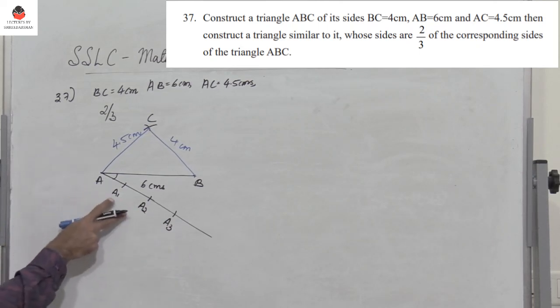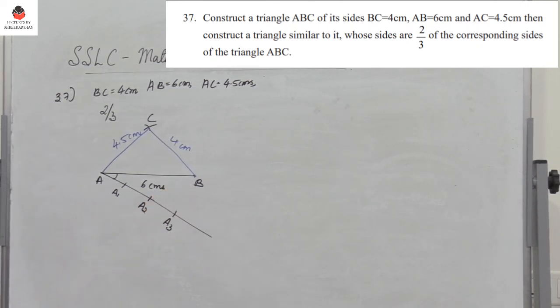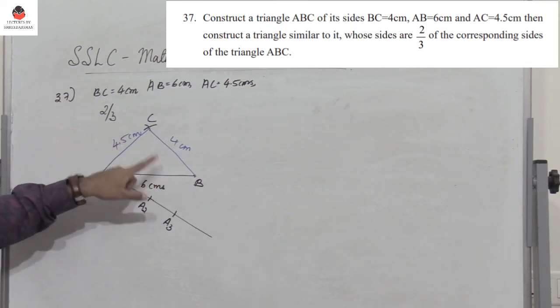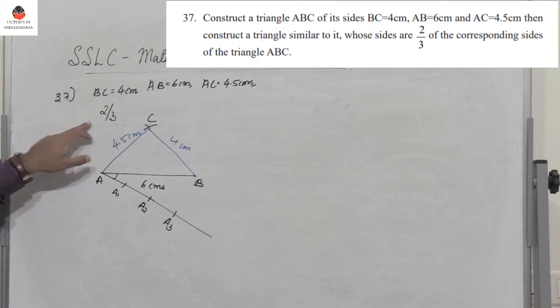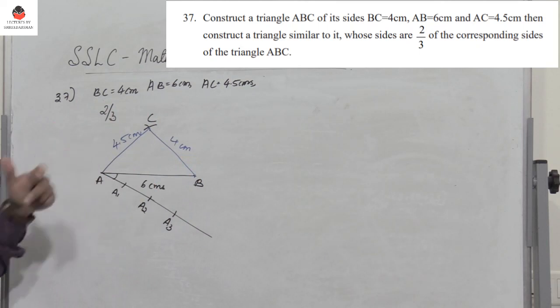So A1 is equal to A2 is equal to A3. So now join. So what has to be done? So we need to construct another triangle, right, whose sides are 2 by 3 corresponding to the triangle ABC. So if the numerator is smaller, we will get the new triangle which is inscribed within, right?